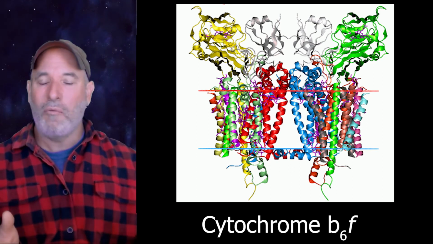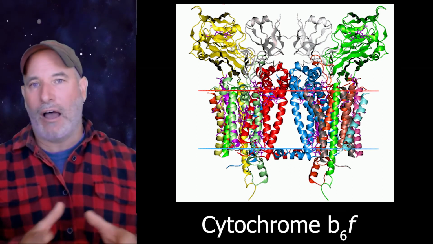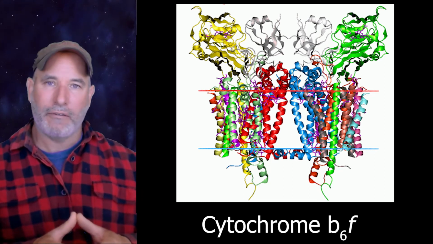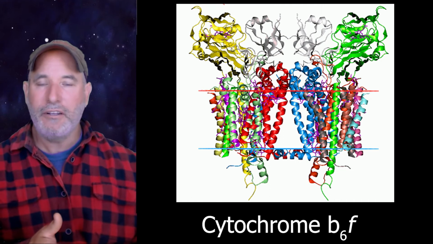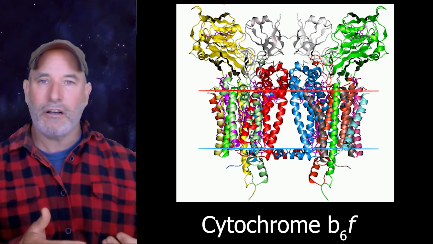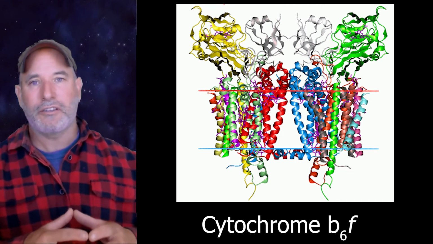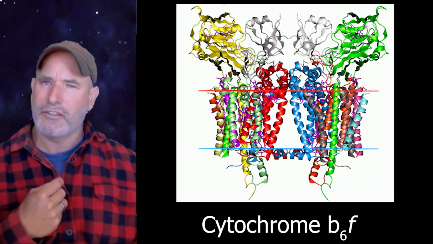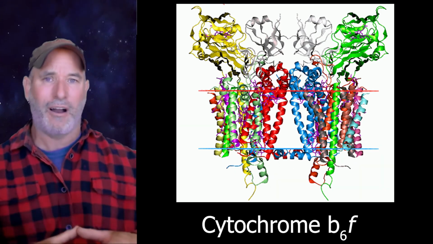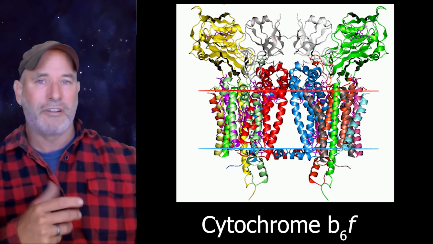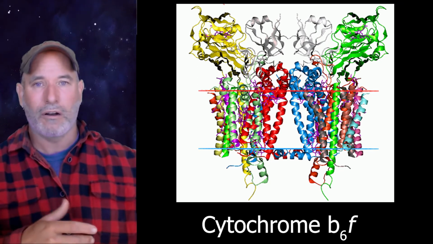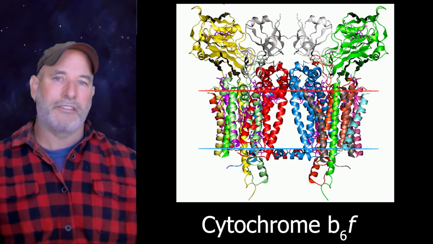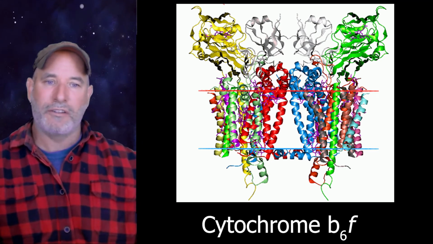Yeah, those are almost certainly hydrophobic regions to allow it to embed into the thylakoid membrane. The other thing that I want you to think about, somebody figured that out. It took a long time to figure out the structure of these cytochrome complexes. And I just find that so interesting, that we can figure out the structure of these large molecular complexes and how they work. It's amazing.